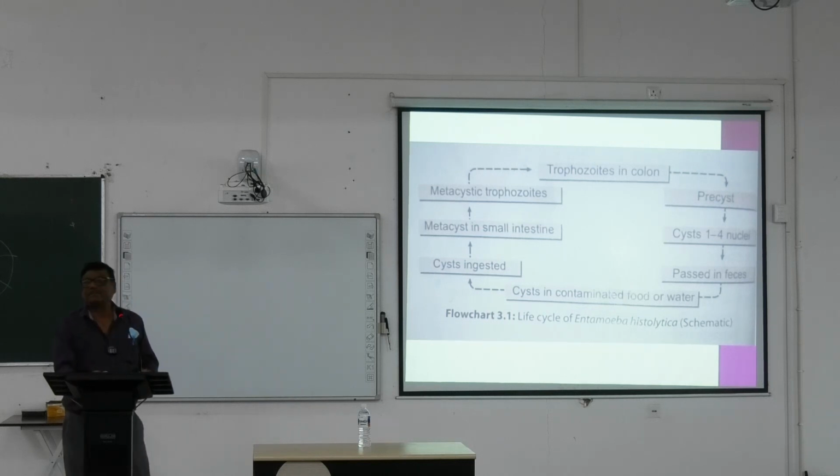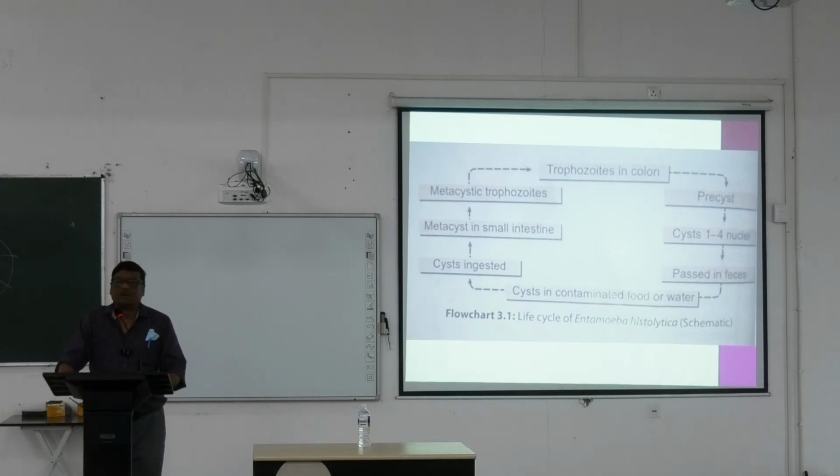During our examination, we often ask about different types of parasites like malaria, like Kala-Azar, etc. But if we receive very poor answers from our candidate, then the last question we ask is about Entamoeba histolytica.